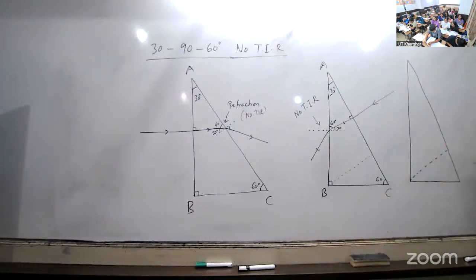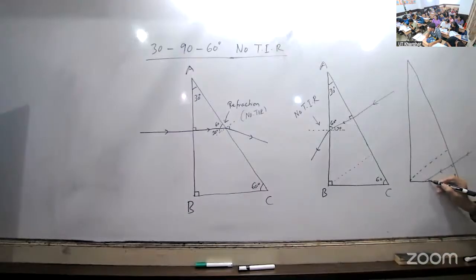Now when the ray is inputted here, normal. This is 90, this is 60. Right? So this becomes 30 now. So what is the angle of incidence here? This is 60. Okay, so this is greater than the critical angle.